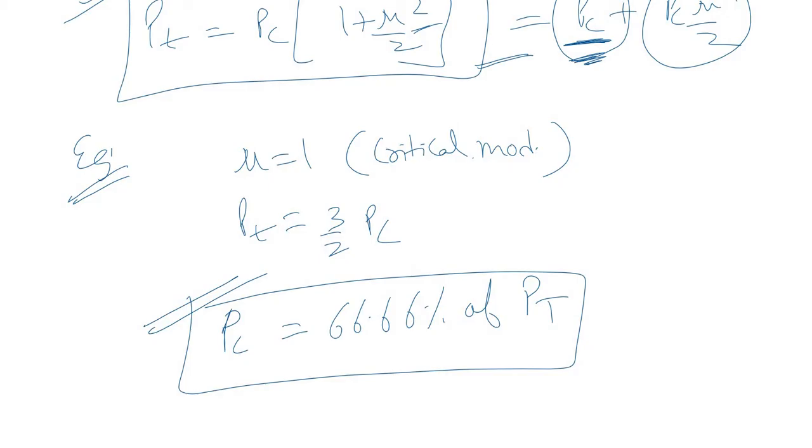That means for the best possible scenario, when mu is equal to 1, the power of the carrier is 66% of the total power. That means we are wasting 66% of the power while using this modulation scheme, because it does not contain any useful information, right? The carrier power is a significant component of the total power, 66% for the best possible scenario, in fact.